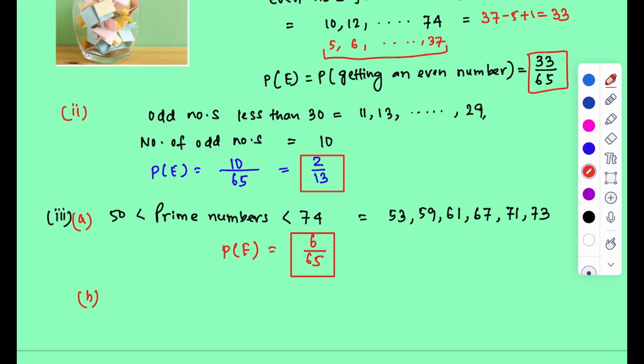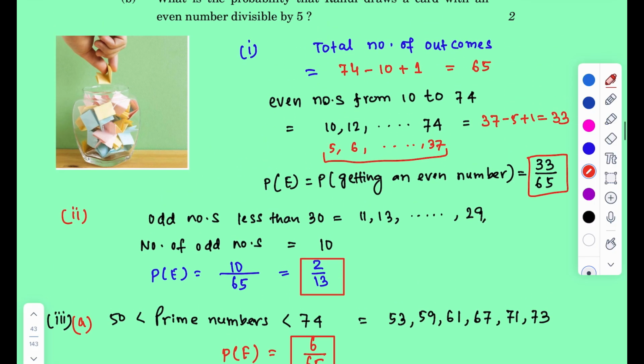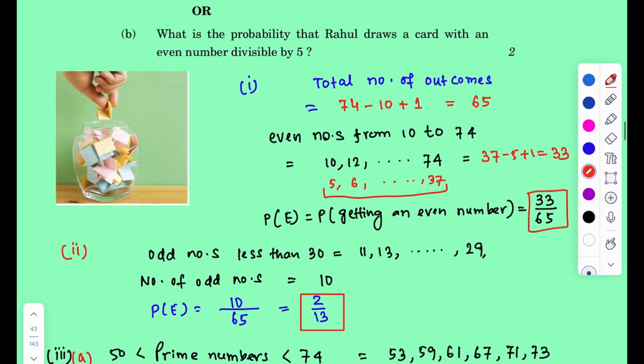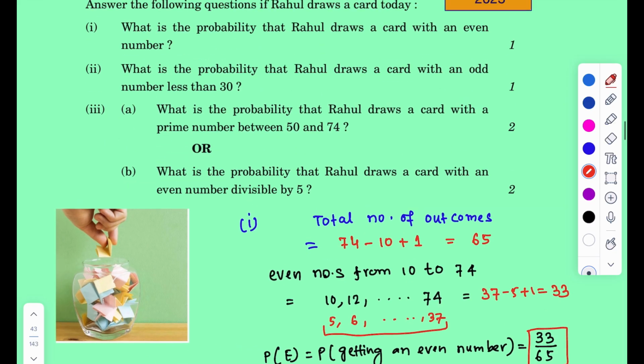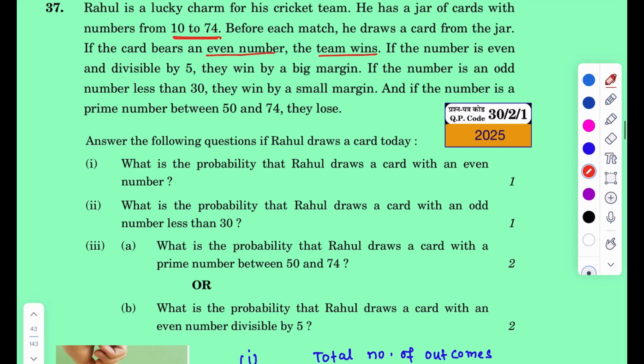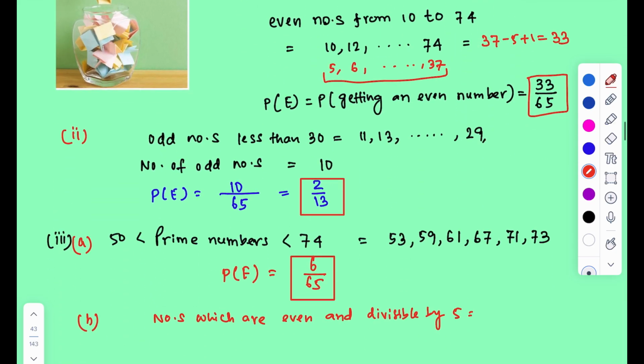So here the numbers which are even and divisible by 5 are, and they are between 10 to 74, because the total was from 10 to 74.